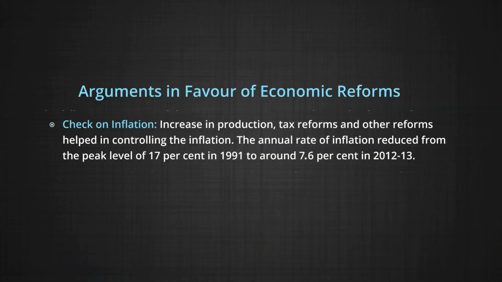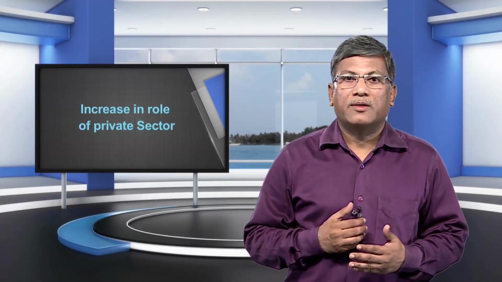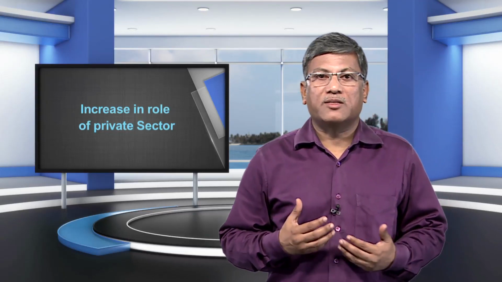Increase in production, tax reforms and other reforms helped in controlling the inflation. The annual rate of inflation reduced from the peak level of 17% in 91 to around 7.6% in 2012-13. Number 5, increase in the role of private sector.